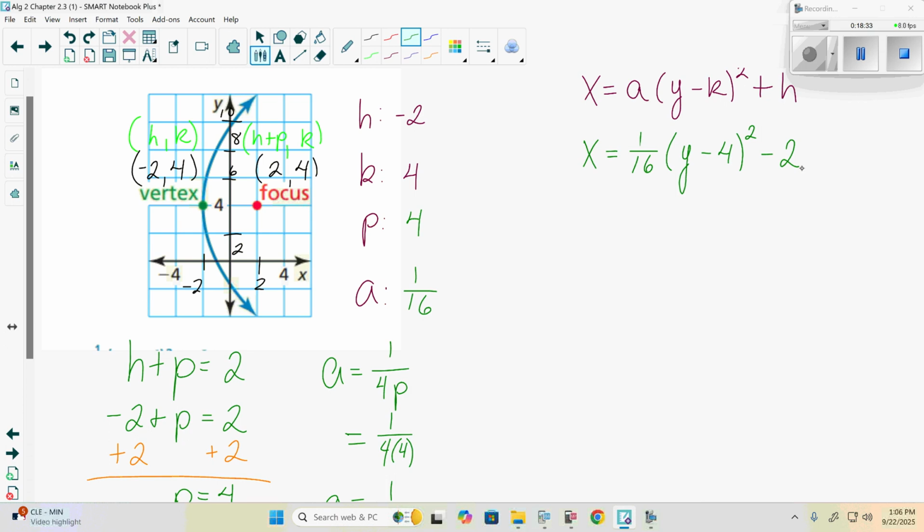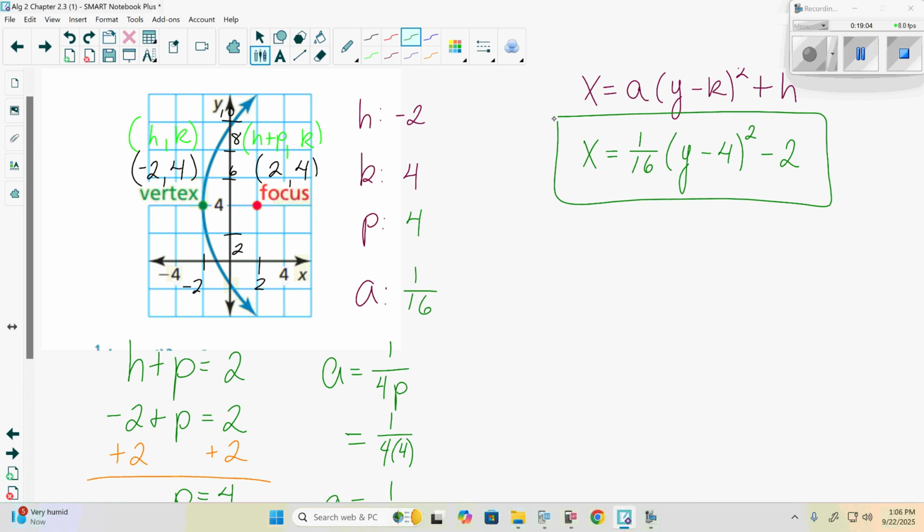And we have our equation. Questions on this here? Questions on anything we've done so far?